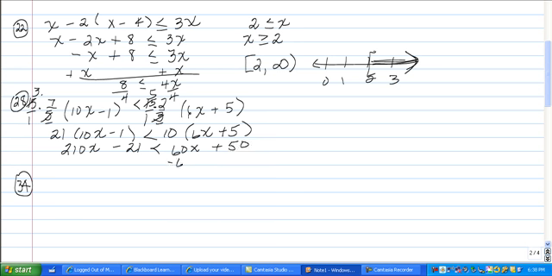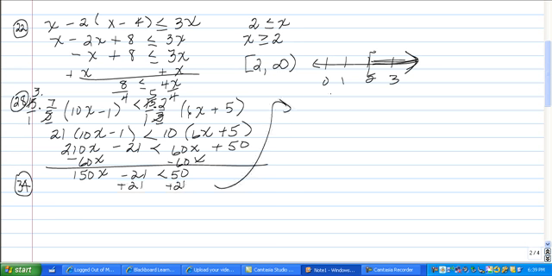Let's get my x's together. So we'll subtract 60x from both sides. We get 150x minus 21 is less than 50. Add 21. We get 150x is less than 71, and divide by 150.